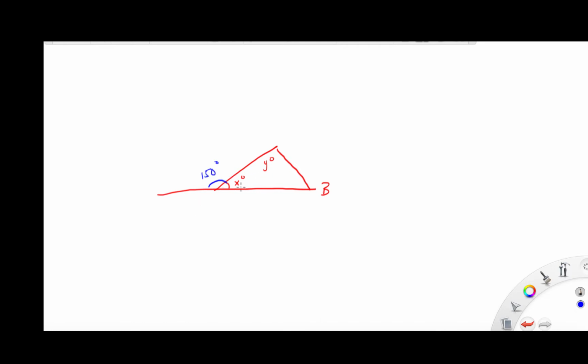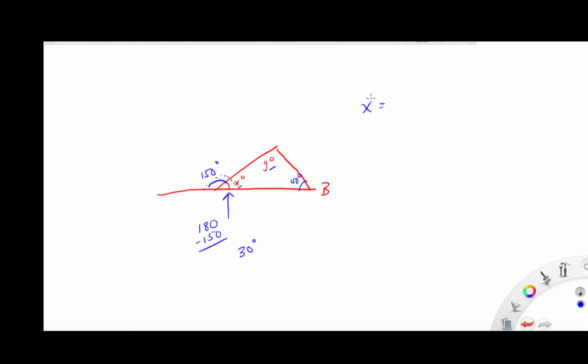Can we find x and can we find y? All right, I guess they do give us one more, which is important, 40 degrees here. Okay, so if we said that this full angle is equal to 180, if we have 180 minus 150, we can determine angle x, which is 30 degrees, okay?